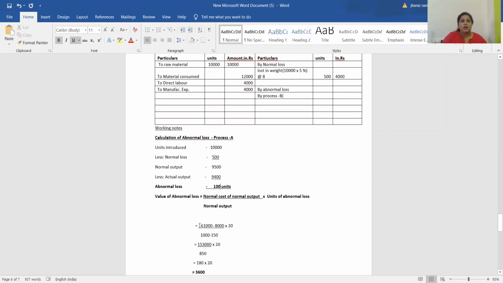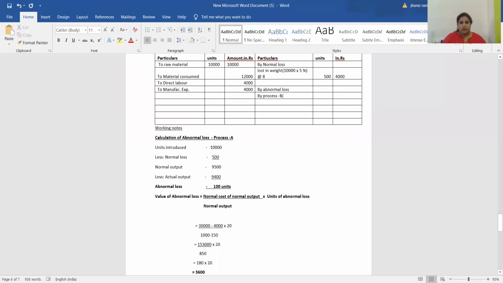So abnormal loss formula is normal cost of normal output divided by normal output into units of abnormal loss. If you look at our statement over here above, amount introduced is 10,000 plus 12,000, 22,000 plus 8,000, 30,000. So 30,000 minus, on the credit side, amount is 4,000, that is normal loss, divided by number of units.